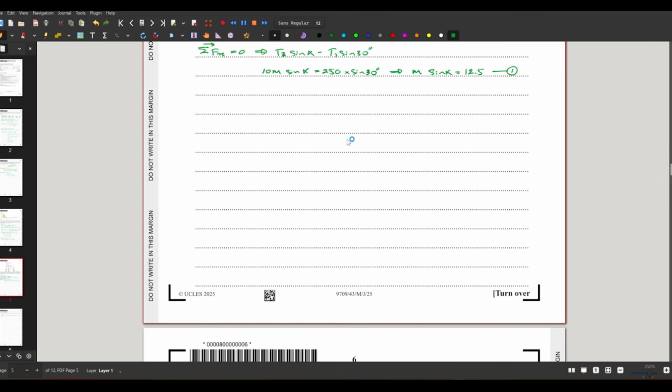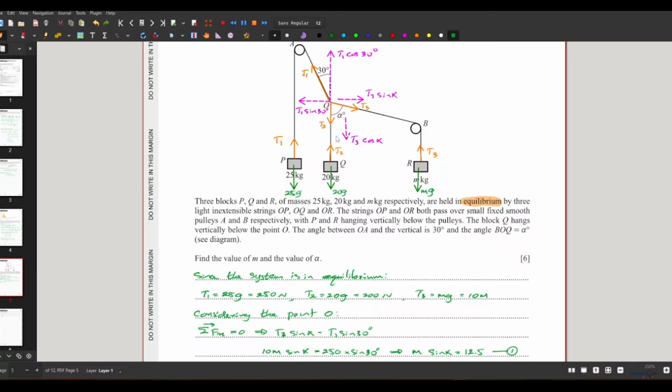Okay. Then we will consider the summation of the forces in the y direction, and I will consider downward forces as positive. So downwards, what do we have here?